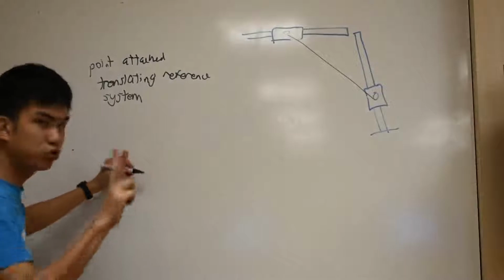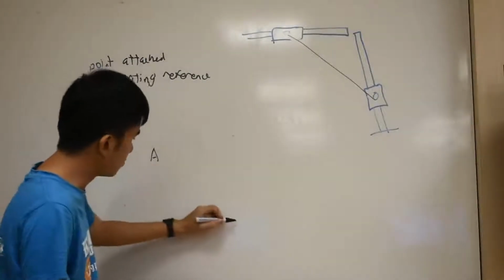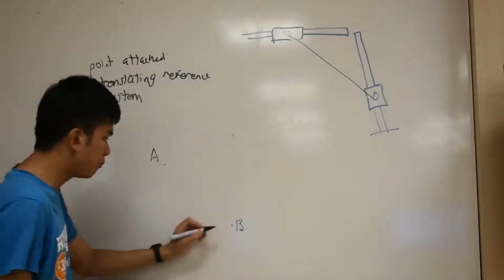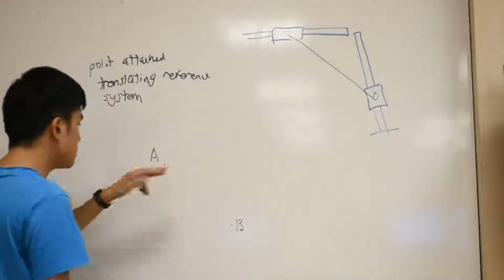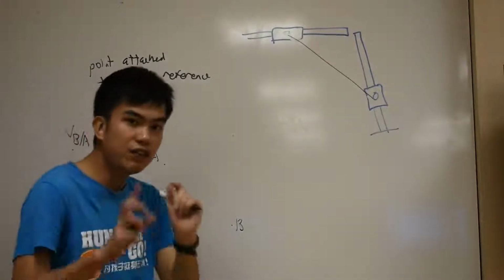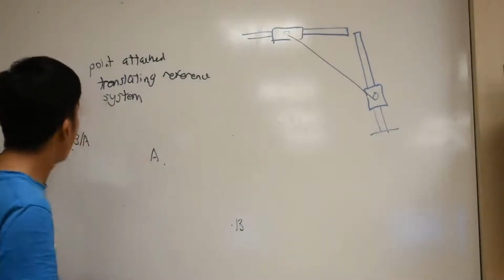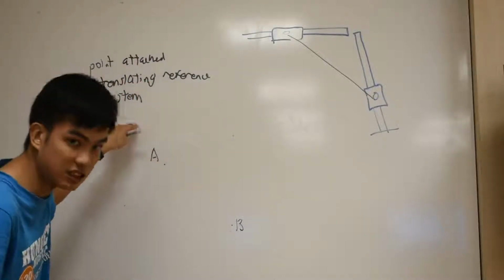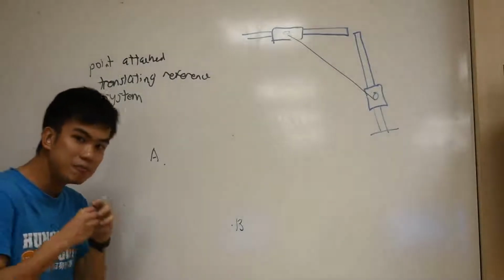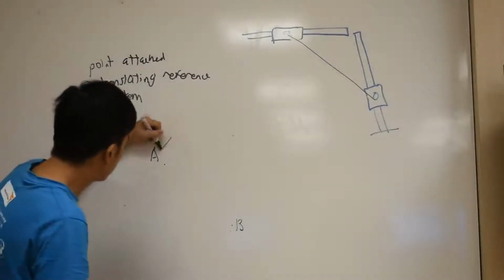If I have 2 points, for example A and B, and I want to find the velocity of point B relative to A, meaning the velocity of B with respect to A. If A is defined as a point attached translating reference system, let me repeat, a point attached translating reference system, it means that A does not rotate.